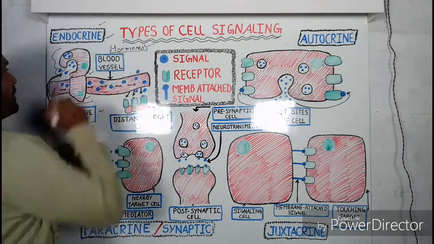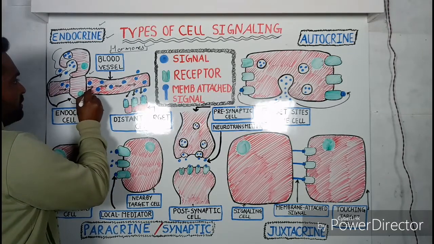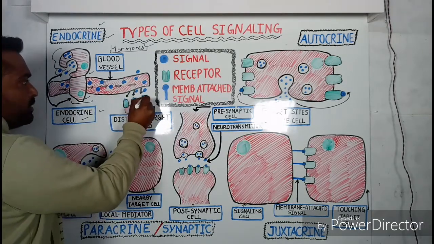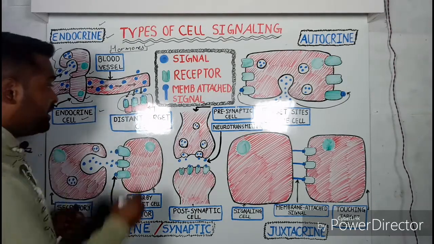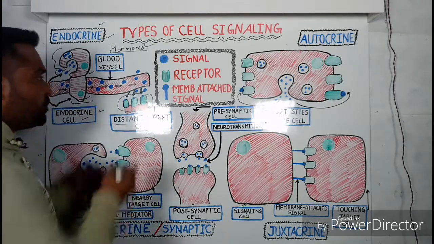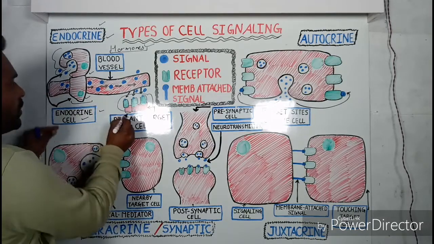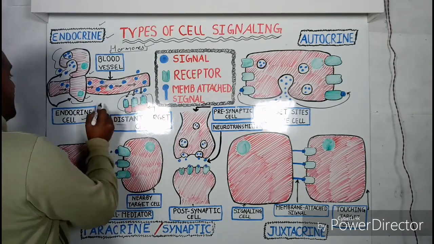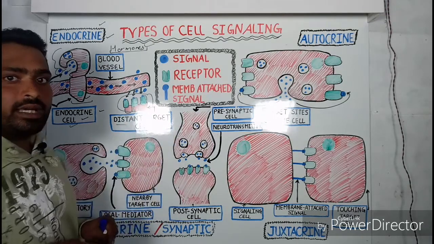Now these hormones have to travel from here to finally these cells, which are known as distant target cells. You can see here that there is a lot of distance between the endocrine cell and the distant target cell.